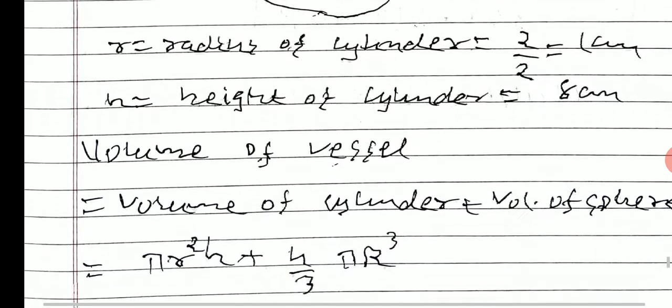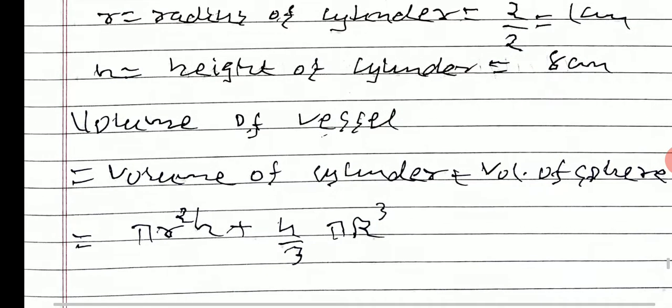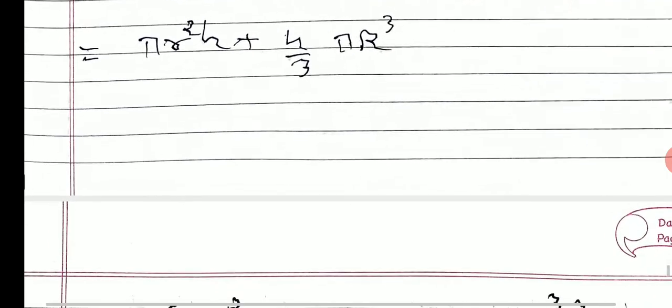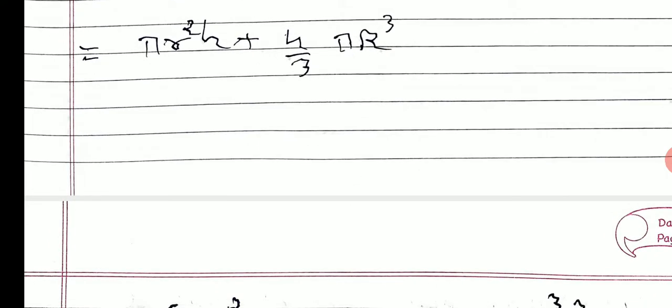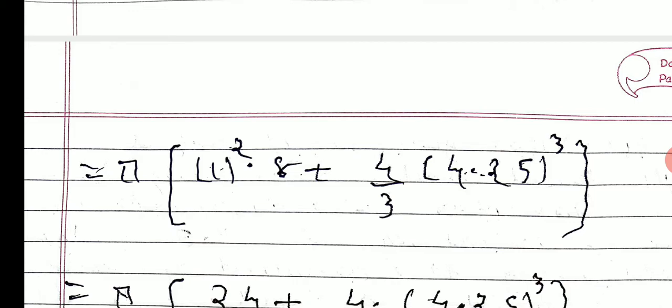Now volume of vessel, we can use formula volume of cylinder plus volume of sphere. Then formula will be pi r square h plus 4 upon 3 pi R cube. Now putting the value of small r, small h and capital R, we can get pi into bracket 1 square into 8 plus 4 upon 3 into 4.25 cube.